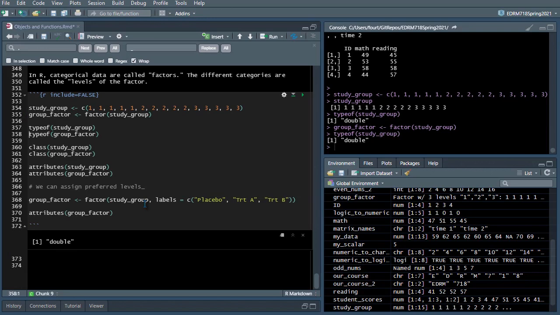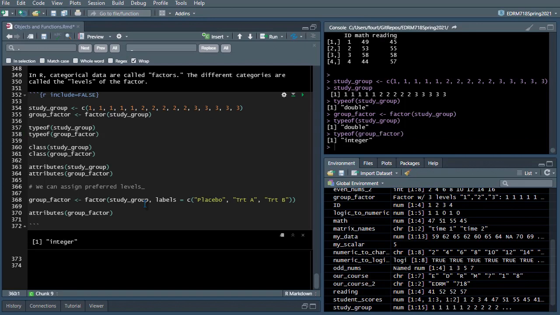But I put the factor in group factor, and if I look at that type, notice that it's given as an integer. Now, even though it's recording it as an integer, it's still a specially stored value that doesn't treat those as numbers, but rather treats that just as integer storage of levels of the factor.